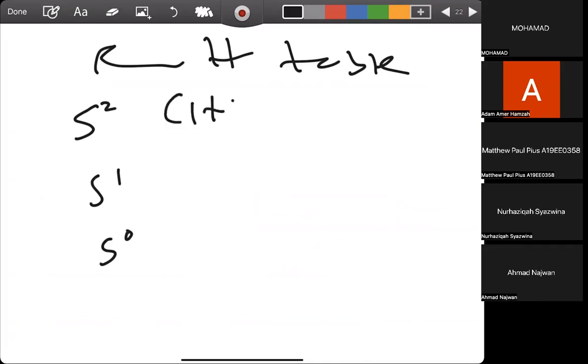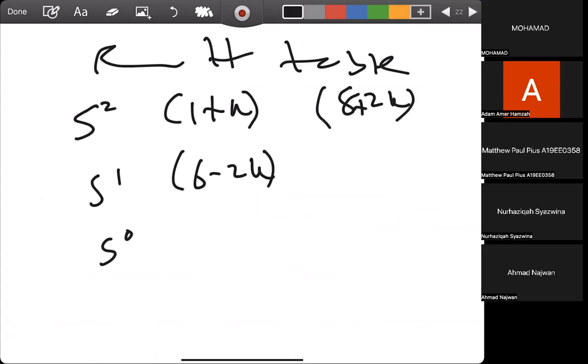So 1 plus k, 6 minus 2k, 8 plus 2k, and 0. So continue to fill up. So this one will be 8 plus 2k.